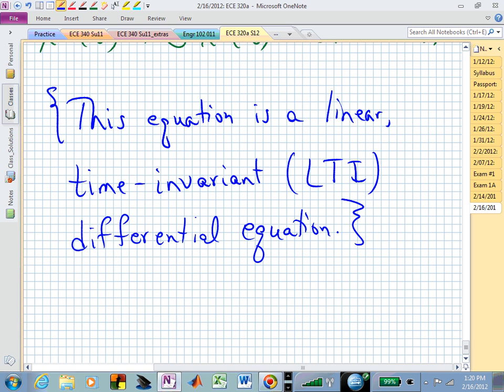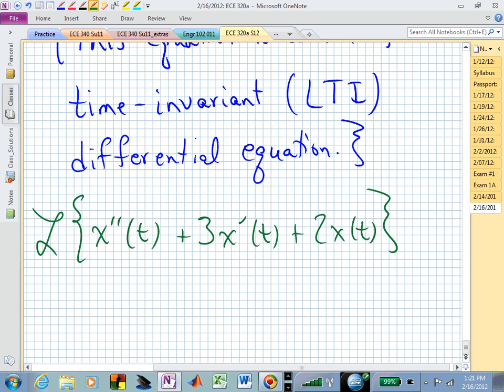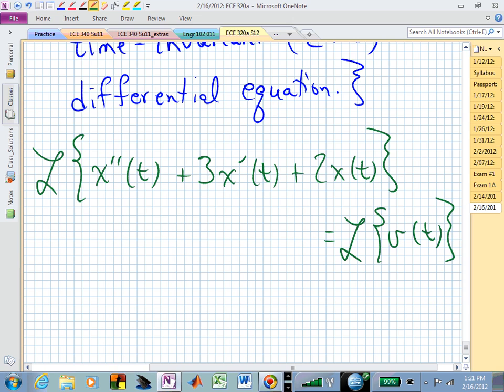Let's now Laplace transform this. Oh, I didn't define what prime was. X prime is the first derivative. X double prime is the second derivative. Is that okay, notation-wise? And we know by linearity that that's the Laplace transform of the right-hand side, which is v of t. These two properties allow us to break this up.